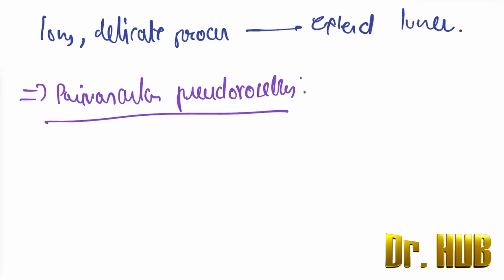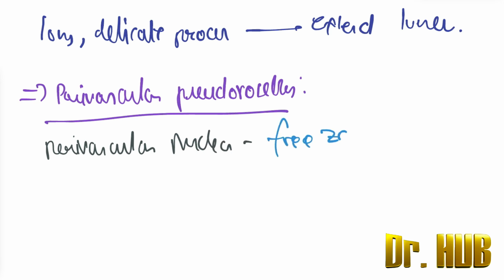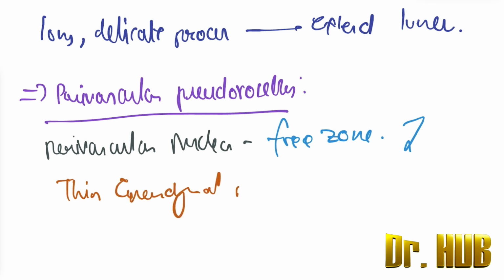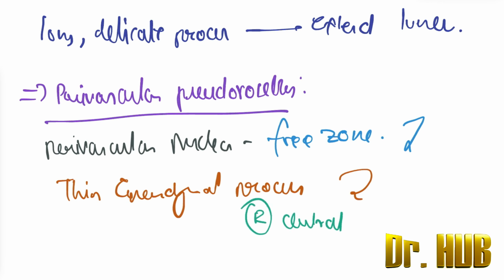There is a perivascular nuclear-free zone, and this consists of thin ependymal processes. They radiate towards the central blood vessels.